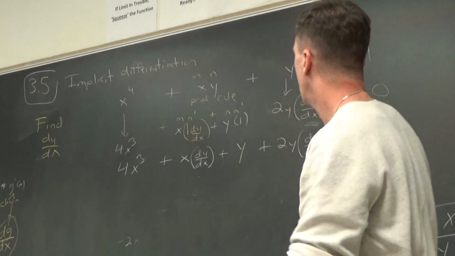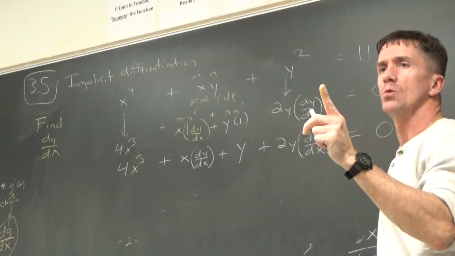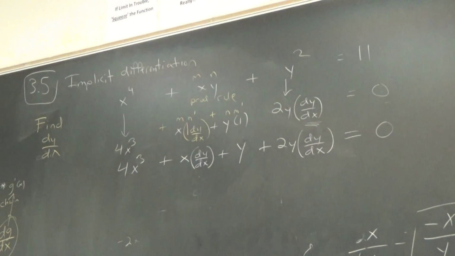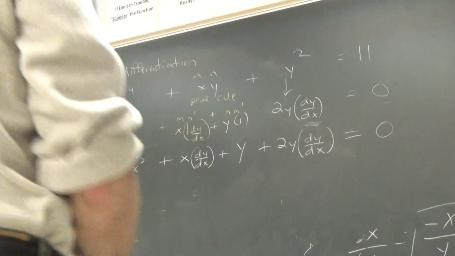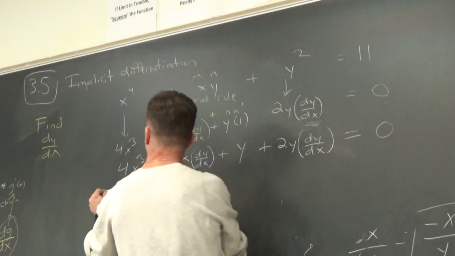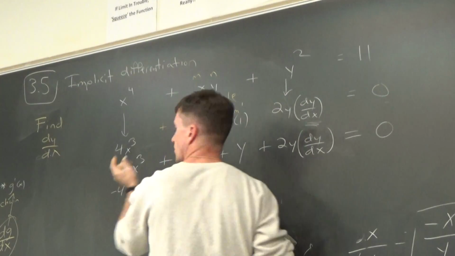I forget about that. What you want to do, when I say I need you to isolate that dy dx, you go, what's the process, what's the algebra technique? Anything that does not have a dy dx, would you get it on the other side of the equation right away? Right now, what doesn't have a dy dx? Get it over on that other side. So how do I get this over there? I just what? For some, you just put it over here and change the sign.